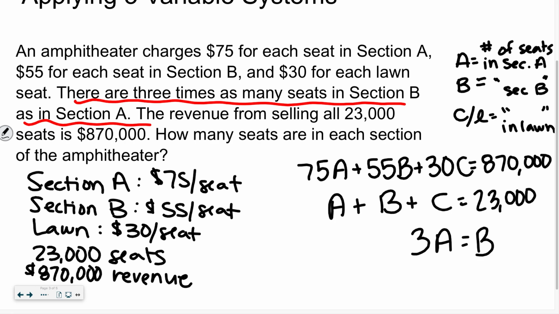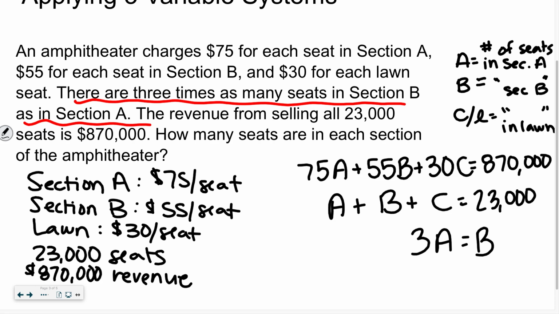The other thing that sometimes gives people pause on that one is should it be 3A equals B or 3B equals A? If you're ever unsure about which one should get multiplied by 3, I always do this. Reread the statement and figure out where there should be more seats. There's 3 times as many seats in section B as in section A. Which section has more seats?